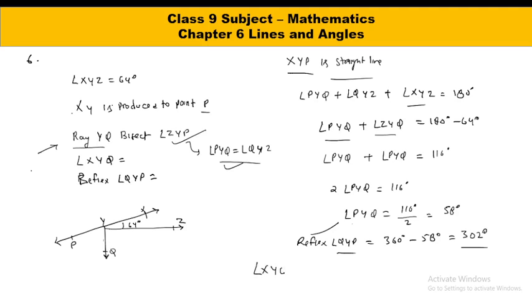Angle XYQ is the sum of two angles, angle XYZ and angle QYZ. Angle XYZ is 64 degrees. Angle QYZ is equal to angle PYQ. We have just found that angle PYQ is 58 degrees. When we add together, it is 122 degrees.